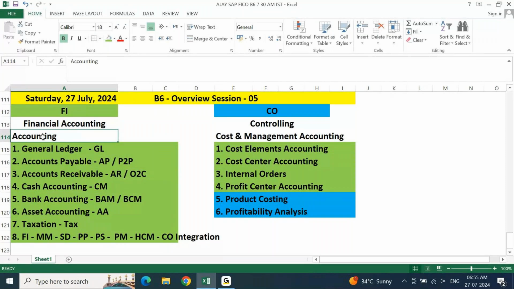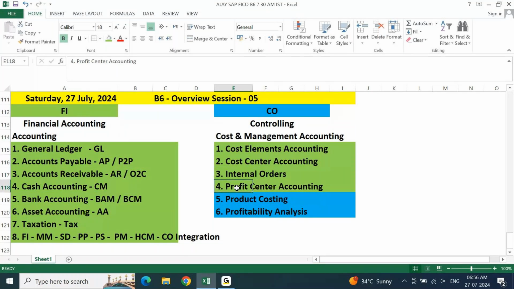Now remember, in SAP, without the cost object, you will not be able to record any accounting entry. If you do not have the basic cost object in SAP FI, you will not be able to record any accounting entry in FI. Your cost object can be a cost center, an internal order, or a profit center.